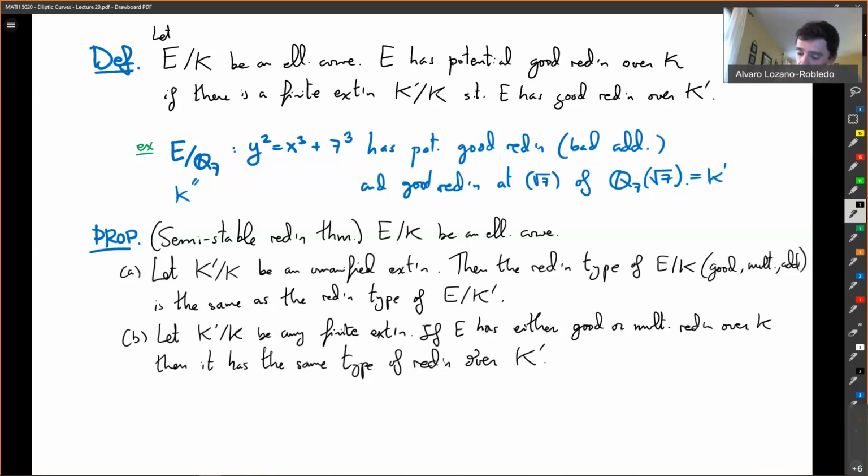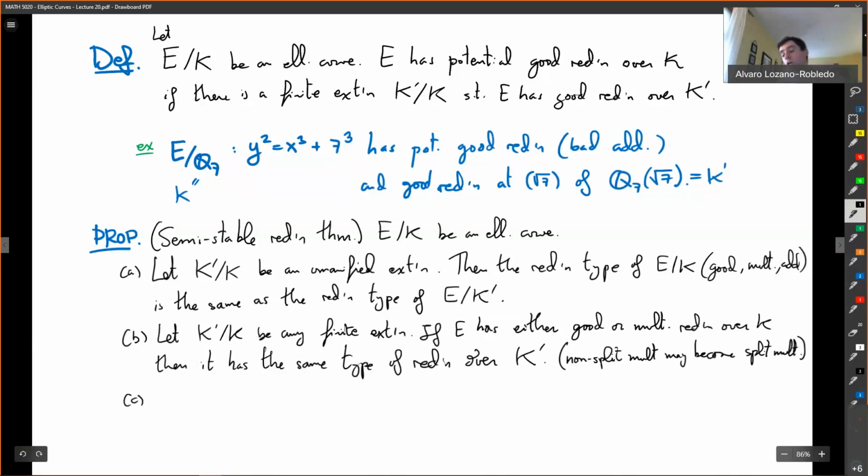So non-split multiplicative may become split multiplicative, but that's all that can happen. That's why it's saying multiplicative will not change. It will maybe change from non-split to split, but that's it. If you have split, you cannot go up to non-split.